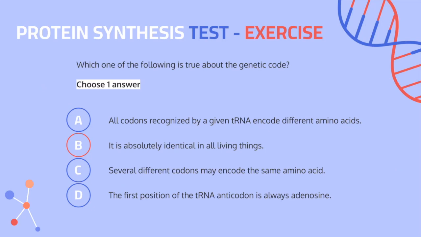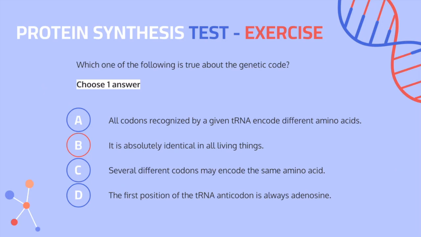Because we know that all translations start with the same codon, which is AUG. So the anticodon corresponding to AUG would be UAC. So every first tRNA anticodon will start with U, not A. So uracil, not adenosine.